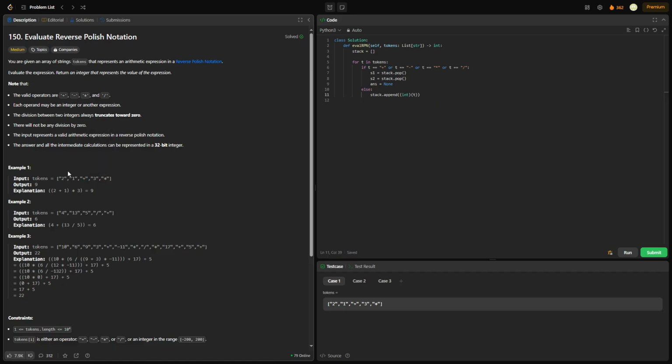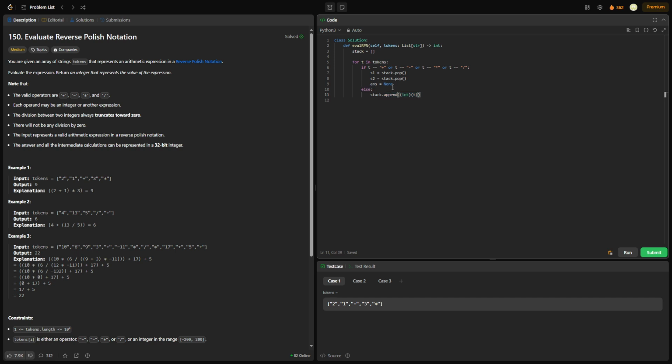So, for example, we have this 2 and this 1. We add those to the stack, and when we hit this plus, we pop these two from the stack so we can handle them. The numbers are strings, so you need to actually convert them into integers. That's why we're doing this.